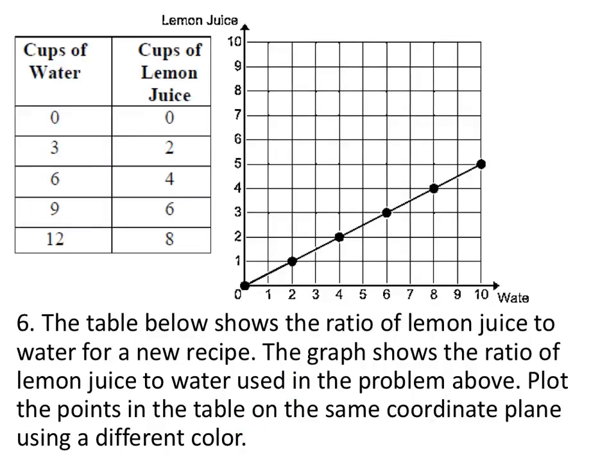All right, this table shows the ratio of lemon juice to water for a new recipe. The graph shows the ratio of lemon juice to water used in the problem above. Plot the points in the table on the same coordinate plane using a different color.